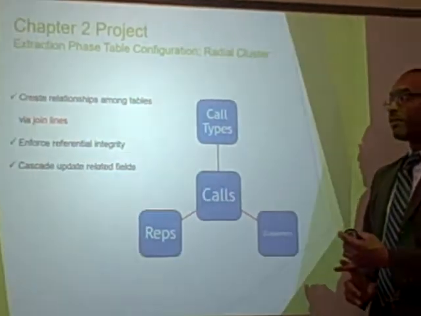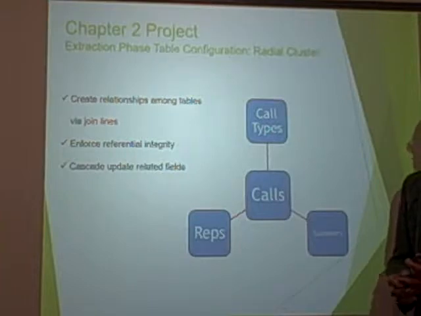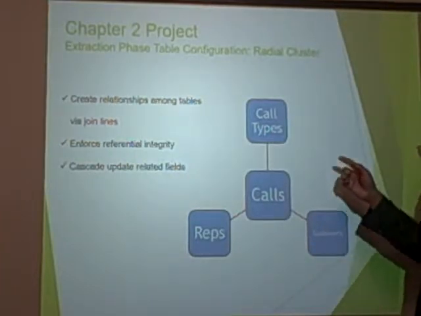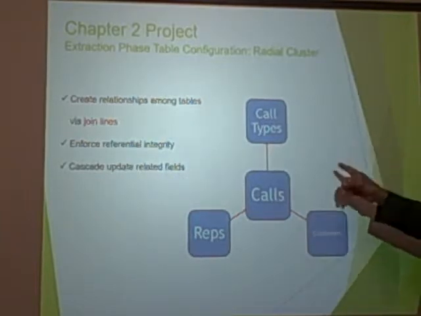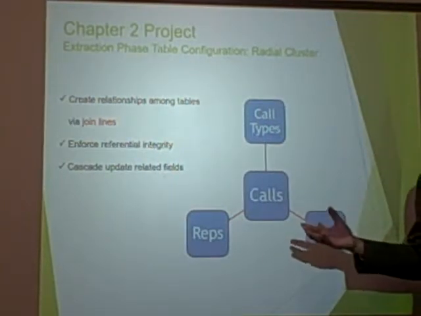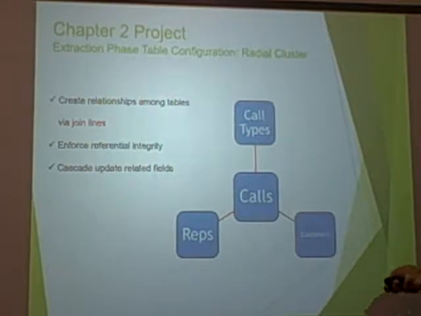Secondly, we enforce referential integrity and cascade update to avoid redundancy and to make updates in any one table accordingly. This design of the tables is called a radial cluster configuration.